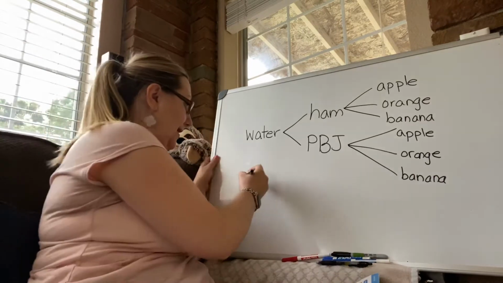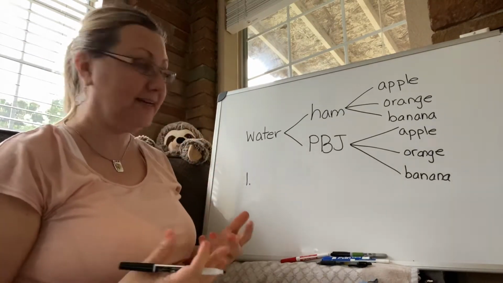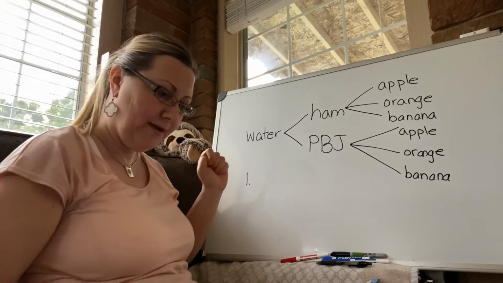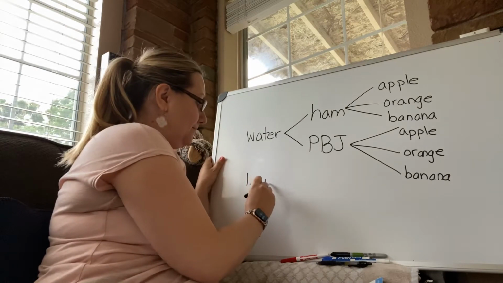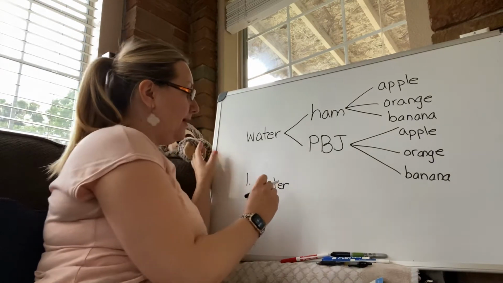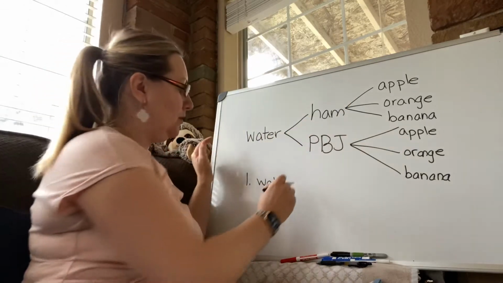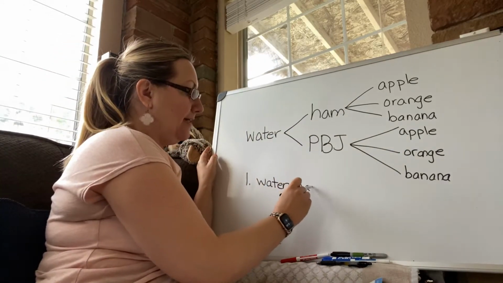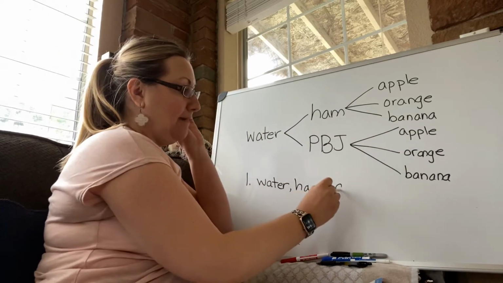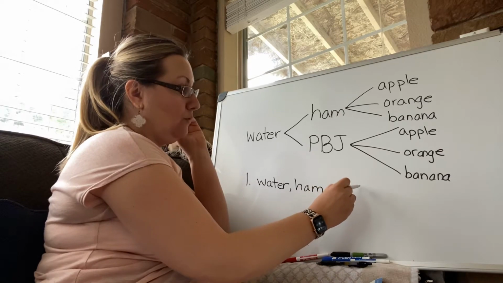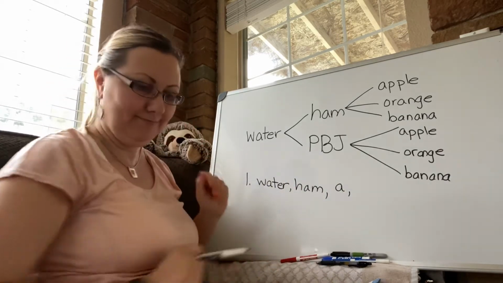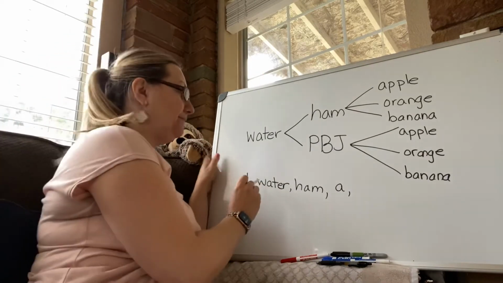So then it asked us to list each possible combination. So when we do that, we need a numbered list. So we could have water, follow the first tree pattern. Water with ham, with an apple. That's combination number one.